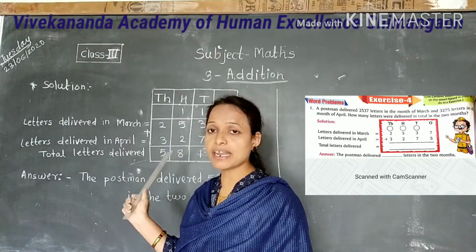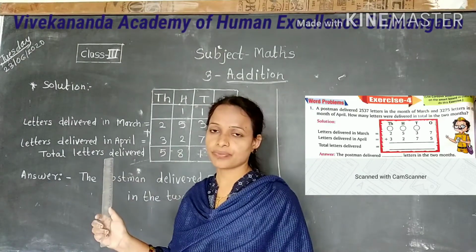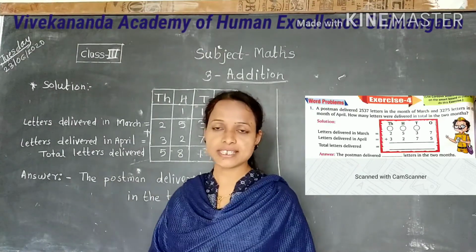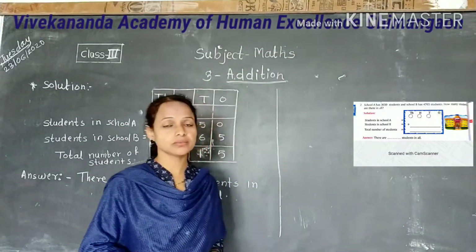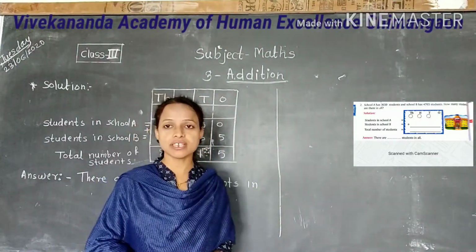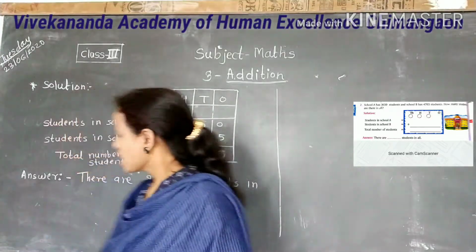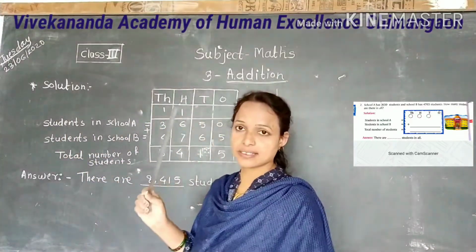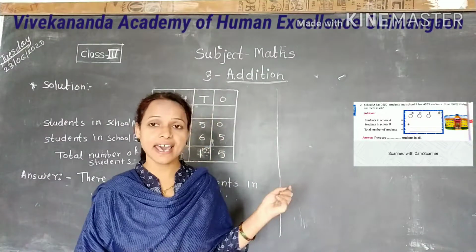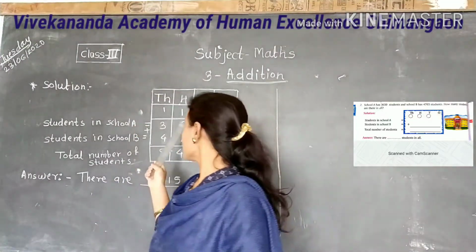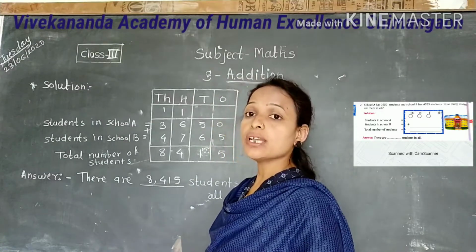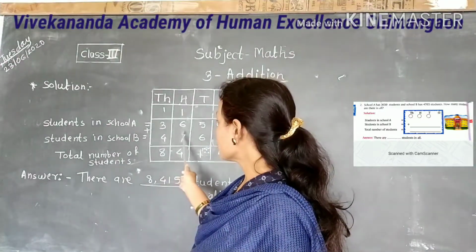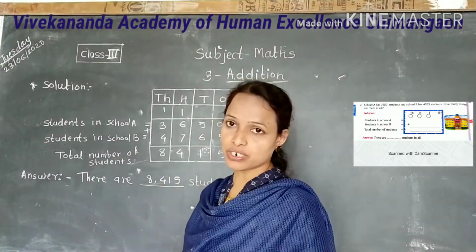First example I have shown. Next example we will see. Second example, look here carefully at what they ask. School A has 3,650 students and school B has 4,765 students.